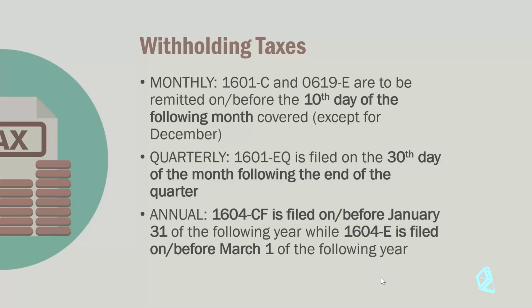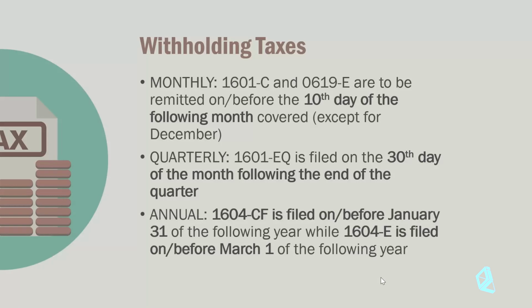You use this form, 1601EQ, for your quarterly reporting. This becomes like your 1701Q, if you remember it, whereby you have to report cumulatively for the quarter and you reduce the amount due by the amount paid during the quarter.